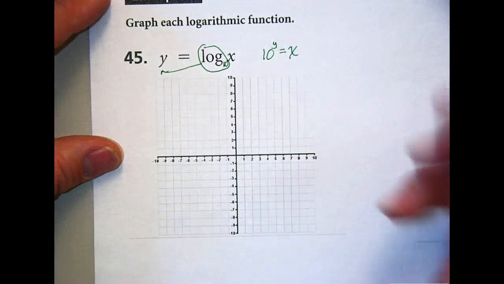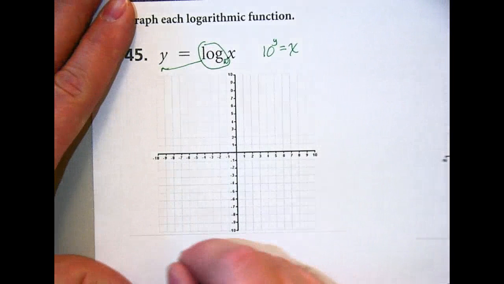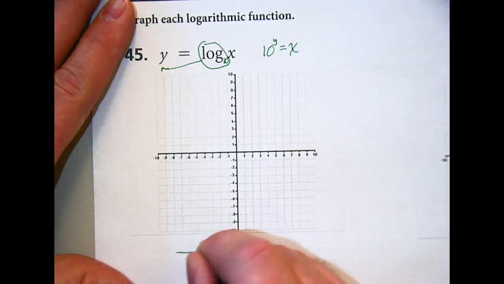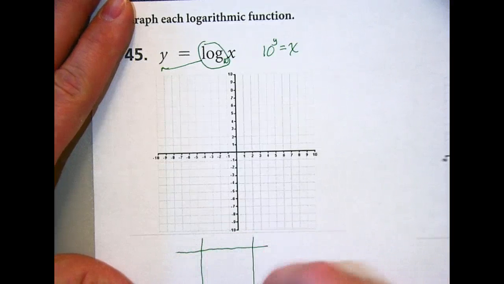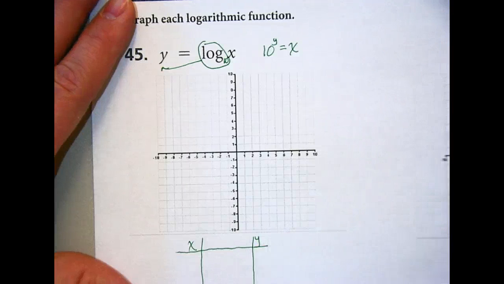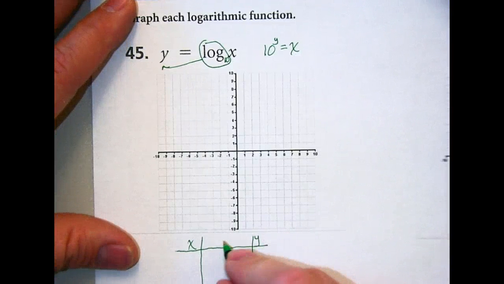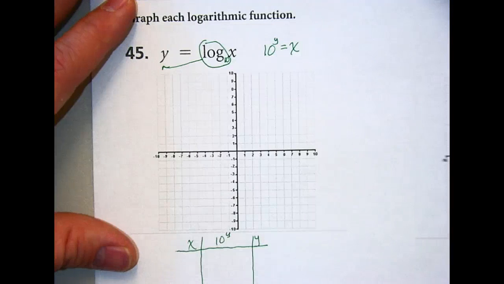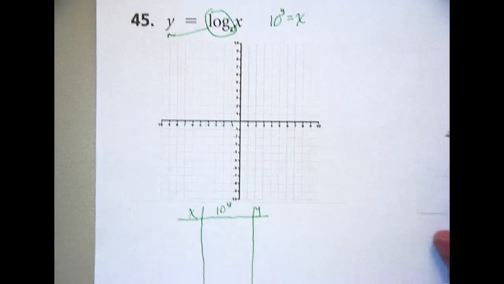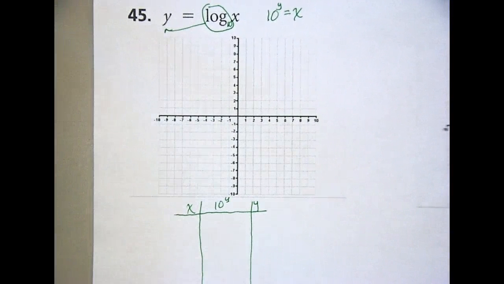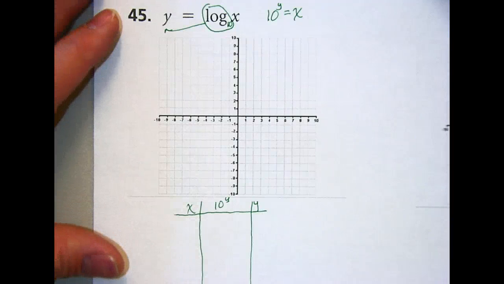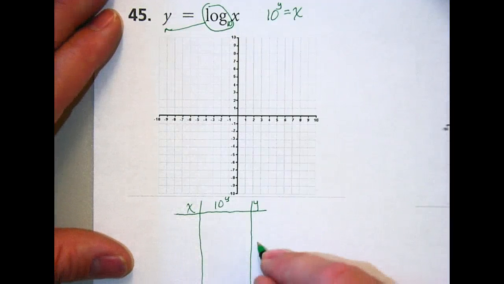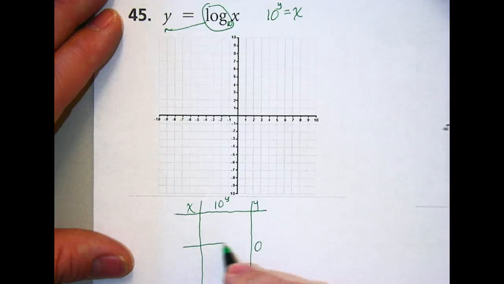So if I'm building my table of values, I'm going to put mine right down here, and I have x and y. And I have 10 to the y as my input piece there. And I'm picking values for y. If I want to find the x-intercept, what am I putting in for y? 0. It's kind of like your exponential, but you're just going the other way now.